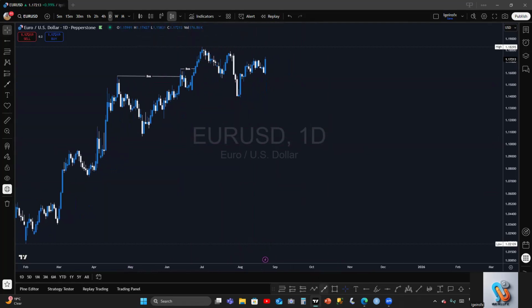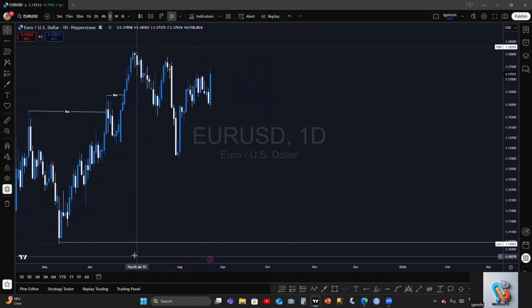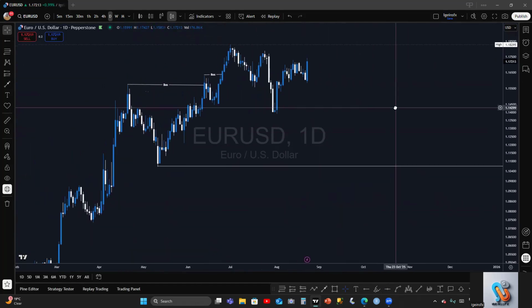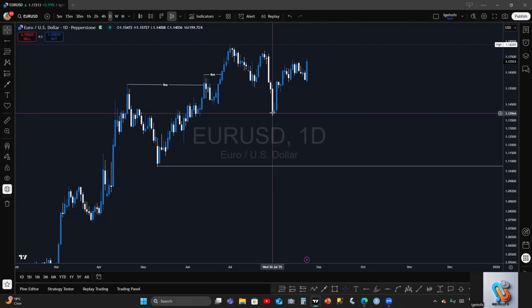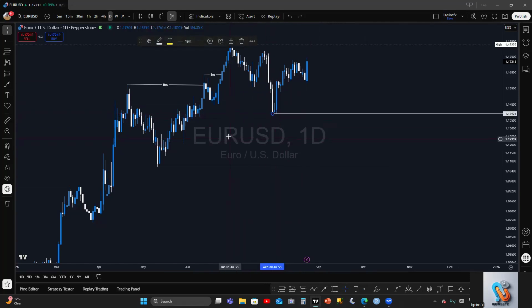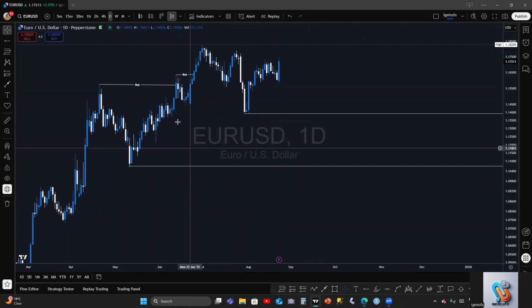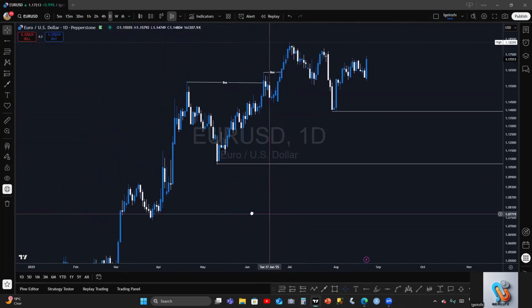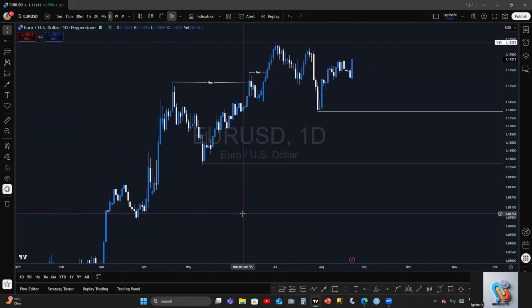All right, so this is the support level, and we have another support level. Remember I said once you are on a bullish trend, and how do you identify a bullish trend?